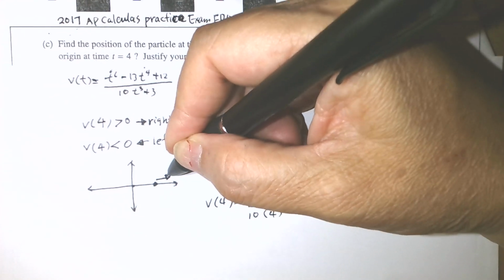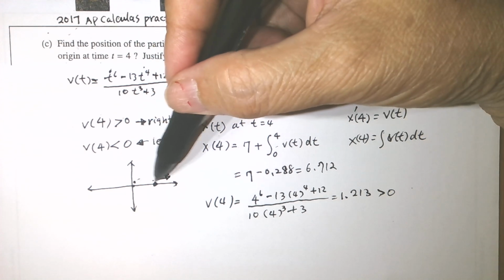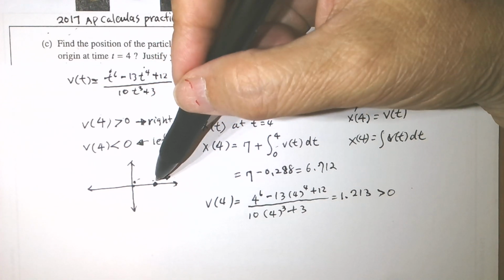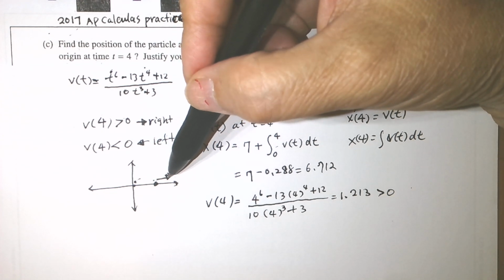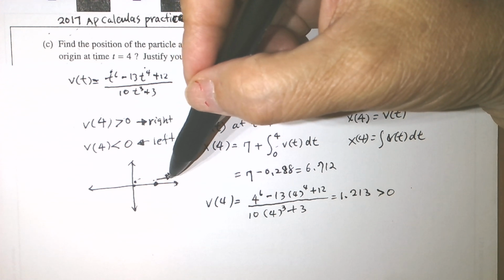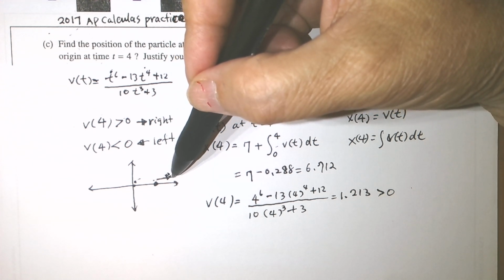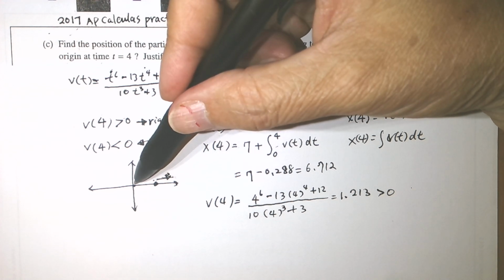If the particle is moving to the right, it's moving away from the origin. The position is positive, greater than 0, and the particle is moving to the right, going this way, so it's away from the origin.